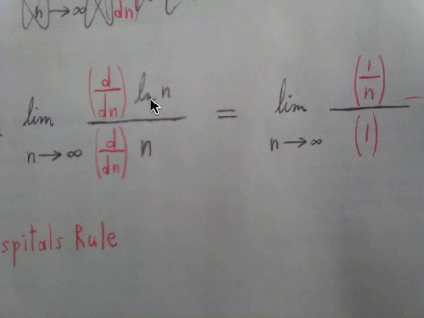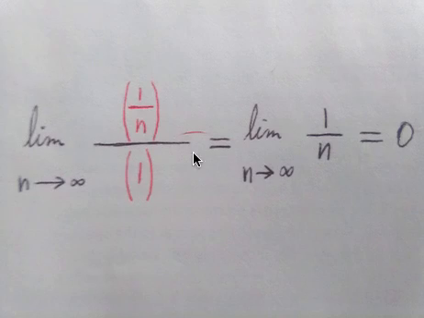The derivative of ln of n with respect to n is 1 over n. In the bottom we just have n. The derivative of that is equal to 1. So this limit ends up equaling the limit of 1 over n once you do out the algebra, and there's just 1 on the bottom. And common sense tells you that this goes to 0.